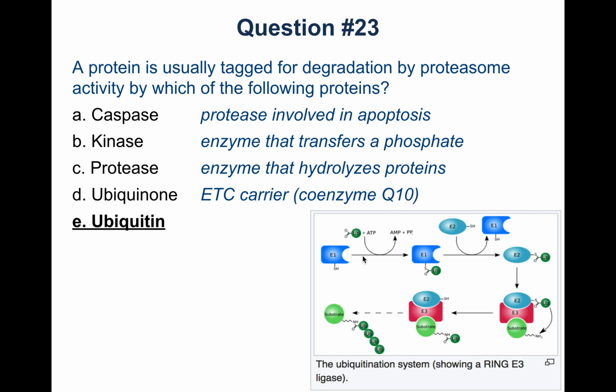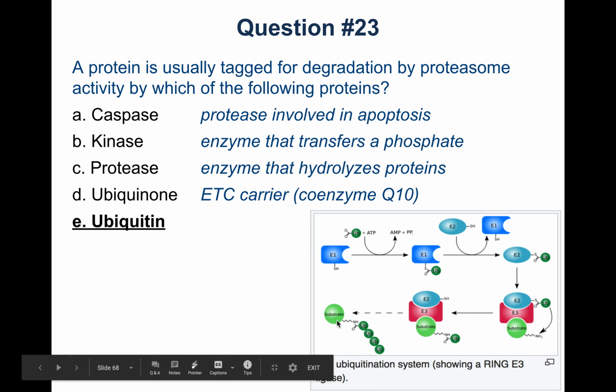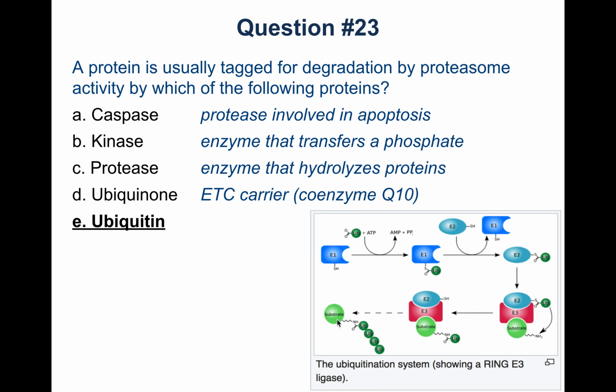And what this does is tag that substrate, that protein, to be taken to the proteasome, and the proteasome is this cool cylindrical structure where it has a cap to it. The cap opens and the tagged protein goes in, and it's like a shredder. It'll chew up the protein into tiny pieces, and hopefully those get recycled back to making other proteins.